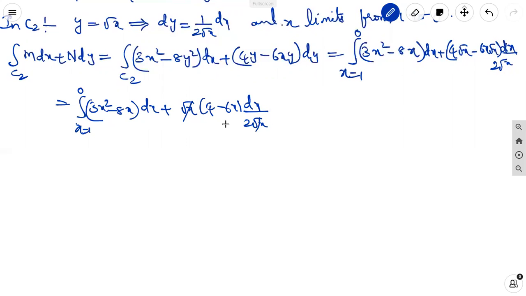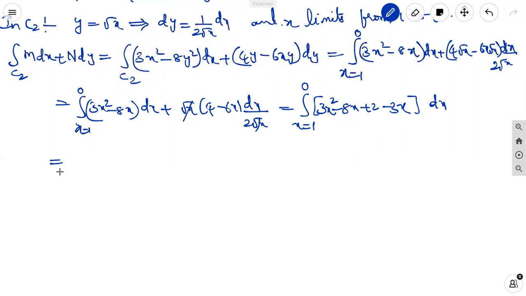Root x cancels. It is equal to the integral with x limits from 1 to 0, taking dx common. Here 3x square minus 8x, and here 4 means 2 ones are 2, 2 twos are 4, plus 2, and 2 threes are 6, this is minus 3x.